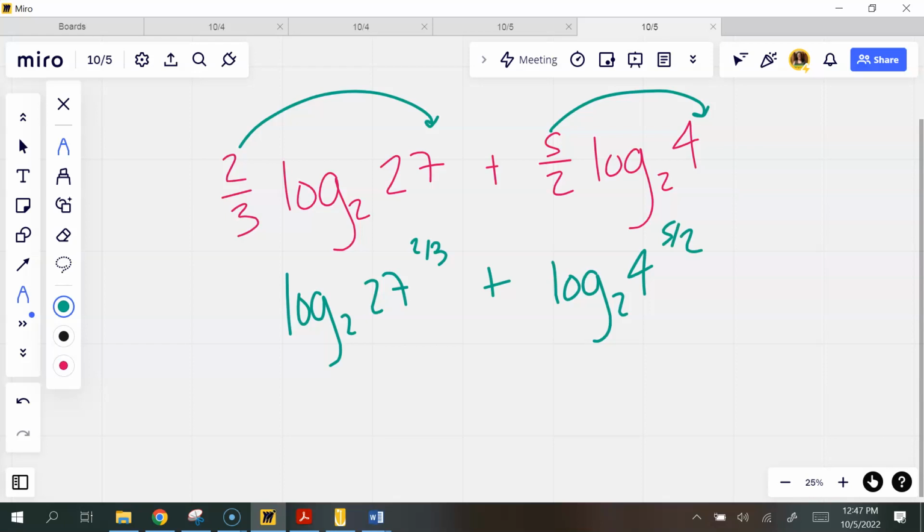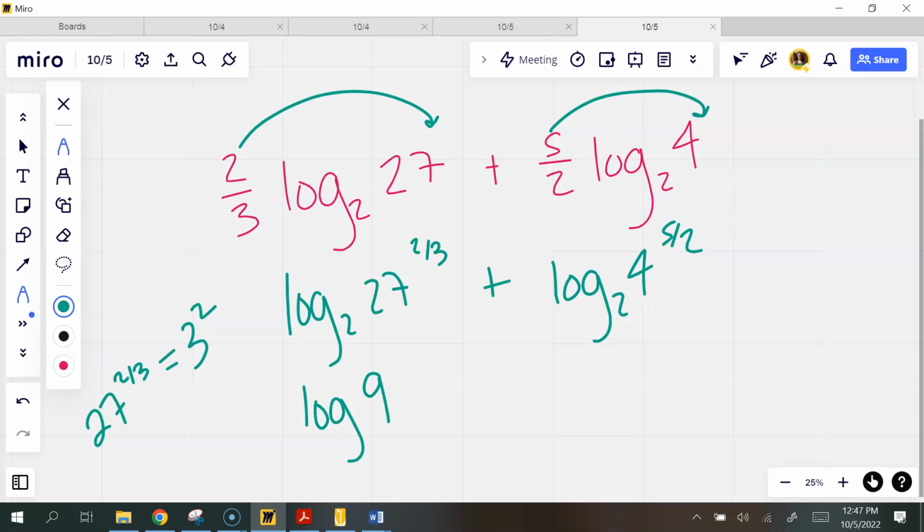Now remember what that denominator in that fraction means? That's the root that I'm taking of that number. So what's the third root of 27? In other words, what number times itself 3 times gives you 27? It's 3. So 27 to the 2/3 would be 3 to the second, but simplifies to 9.